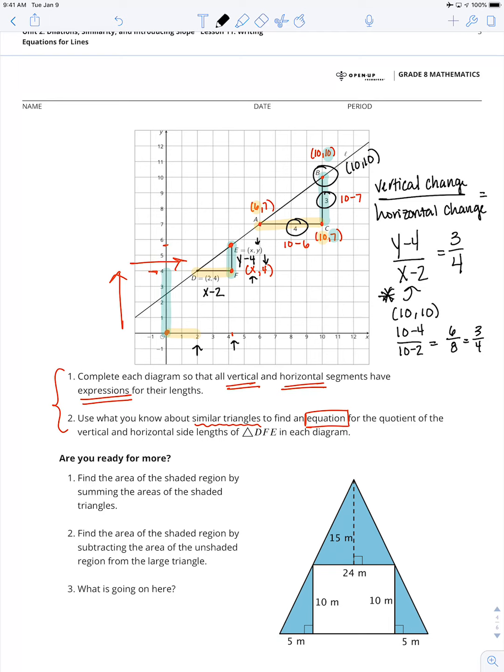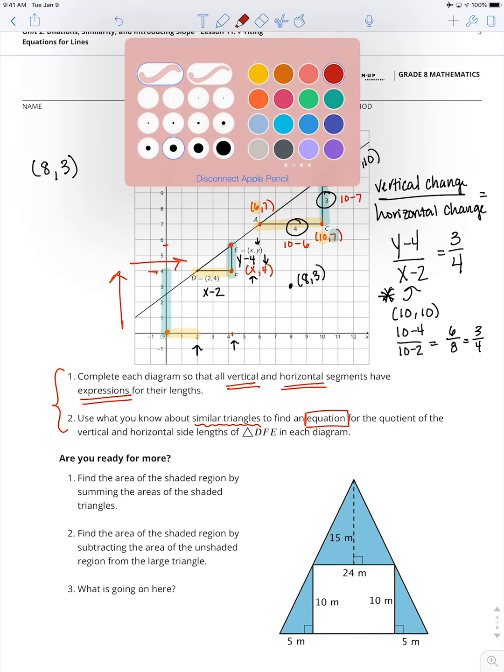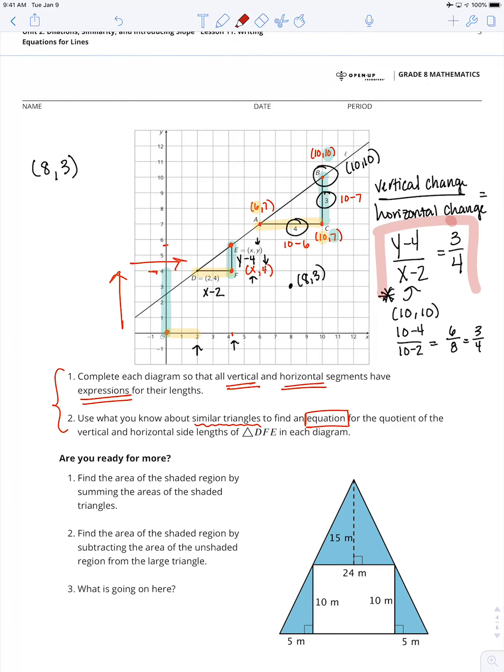Let's try a point that's not on the line. Let's try this one here. Let's try 8, 3. So my x value is 8, my y value is 3, and I'm going to use the rule I came up with to figure out if it's equal to 3/4. So my y value is 3, so 3 minus 4.